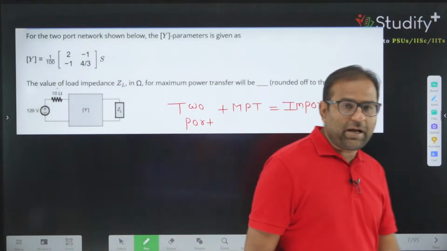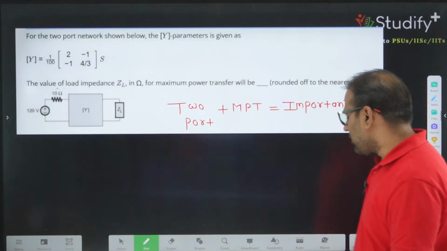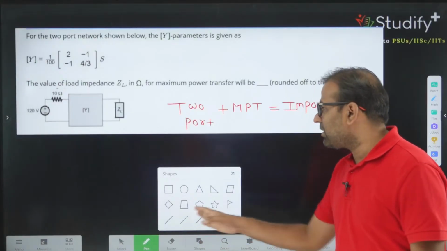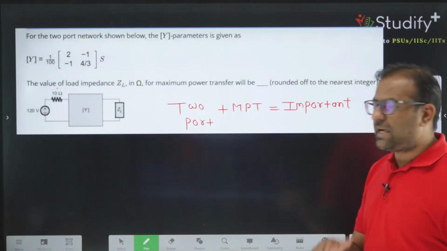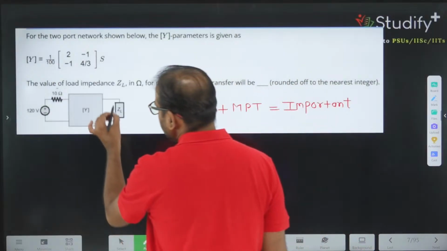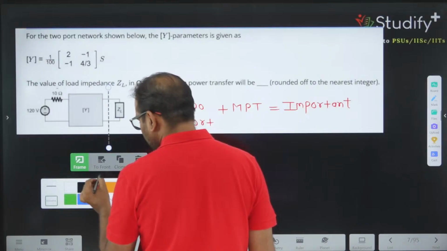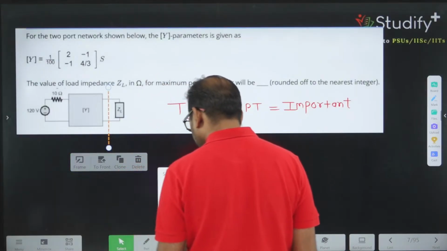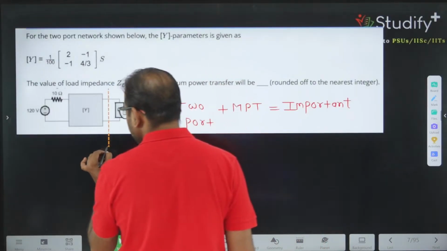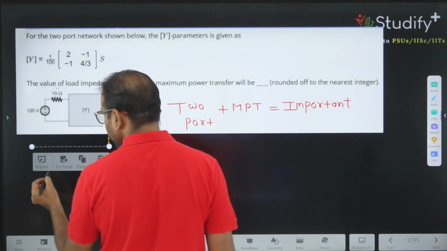Let's go. Whenever we are talking about the maximum power transfer theorem, a very simple idea is to convert this into the Thevenin's equivalent. Thevenin's or Norton, you can convert it into any, both are fine.